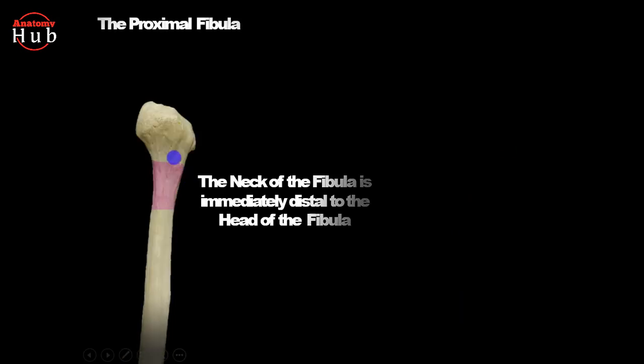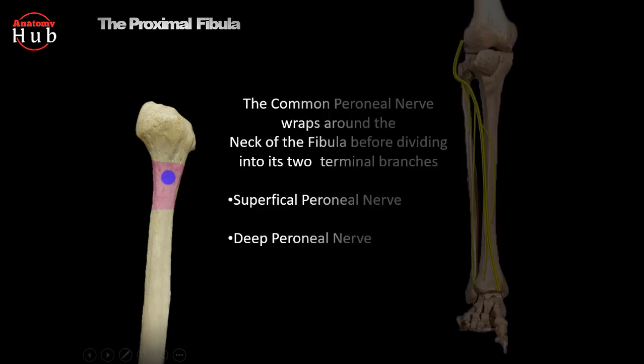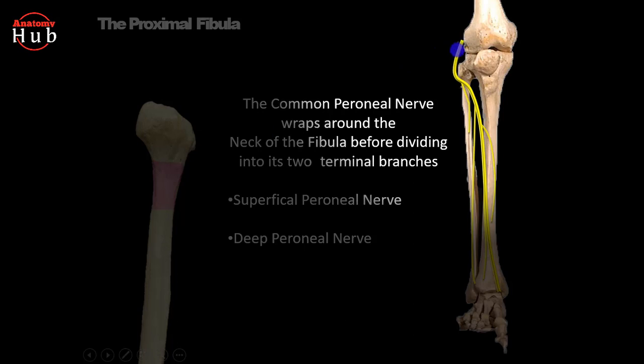Then come to the neck region. The neck of the fibula is immediately distal to the head of the fibula. Here you can see the common peroneal nerve, a branch of your sciatic nerve, that descends downward. Then it divides into two, as a tibial nerve and the common peroneal nerve.